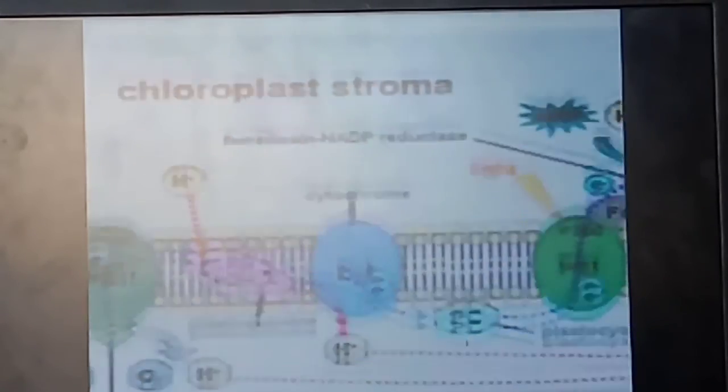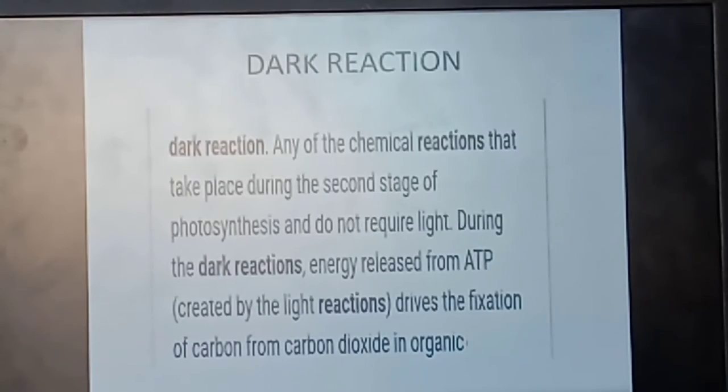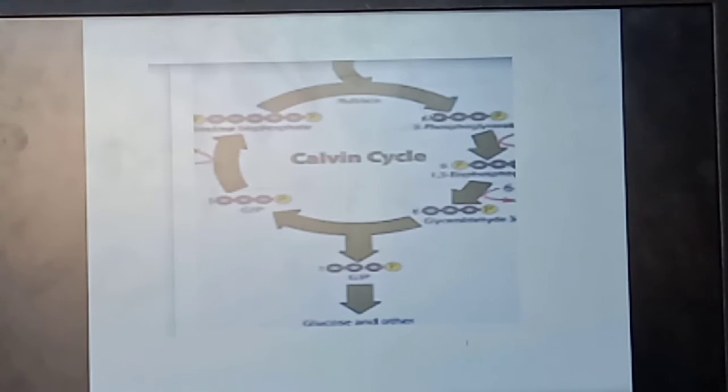So now come to the dark phase, that is also the light independent phase. This can be studied under the heading of the reduction of carbon dioxide to carbohydrate. Here carbon dioxide is reduced to glucose, that is carbohydrate, by the hydrogen in NADPH and by utilizing the chemical energy stored in ATP.